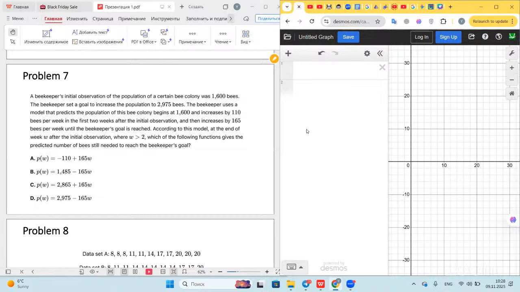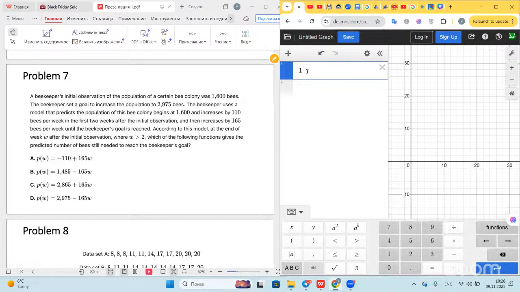According to this model, at the end of week W, guys, here the most important part is that the function gives us the number of bees we still need to reach the goal. What can we do? First of all, the colony was this, and during the first 2 weeks it's another rate.